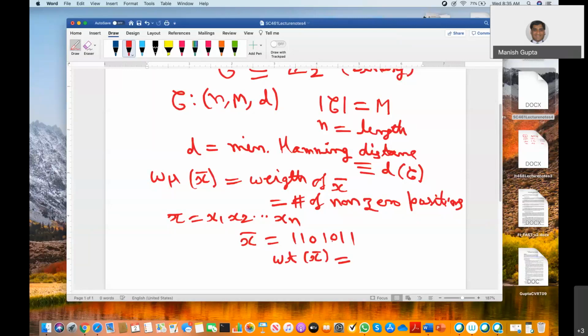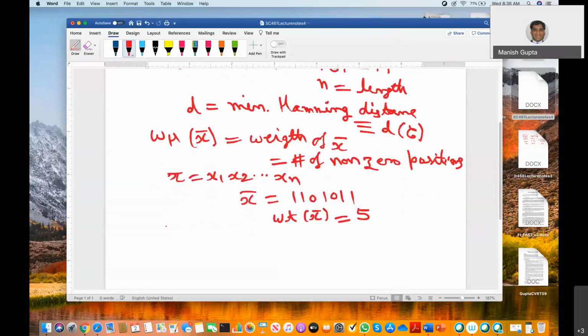So with this weight in hand, we can say that the Hamming distance between two vectors x, y is nothing but the Hamming weight of x minus y.